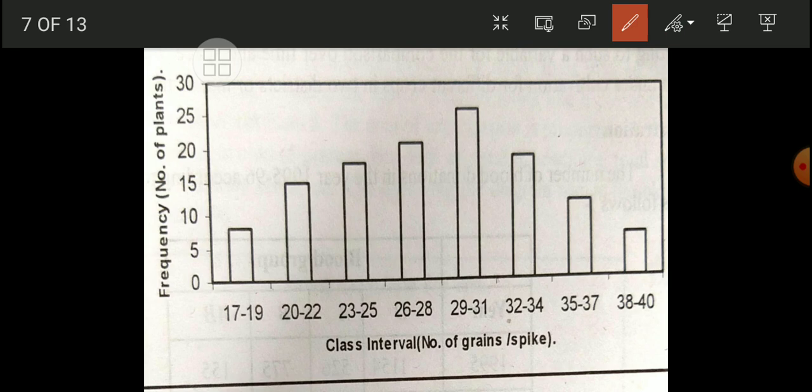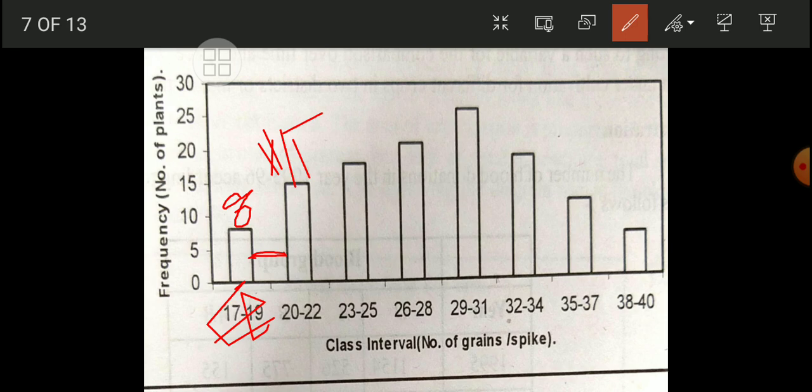They are equally spaced. Isn't it? Equally spaced. The vertical bars are there and length is most important. So we have to say that grains 17 to 19 in the spike of the wheat, how many are there? This is 8. Isn't it? This is 8. Now this 15.